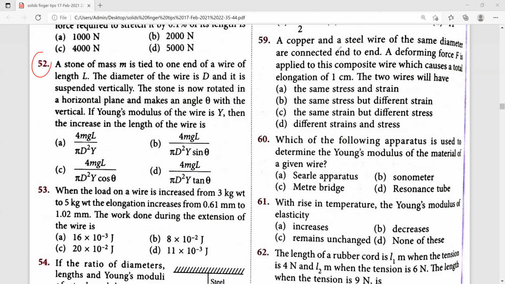For 52nd one, according to that one, the right answer is C, the third one. So this relation we got.